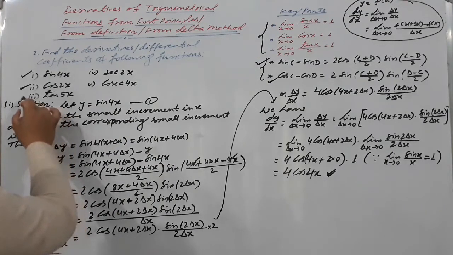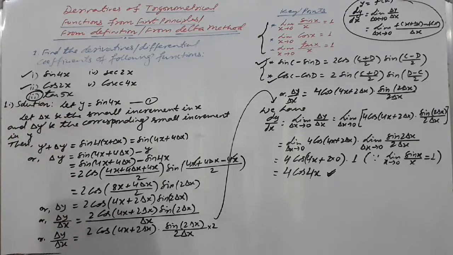So I'm going to tell you the derivative of tan 5x, because we do not have a formula for tan c minus tan d. Then what will we do there? So let's see.